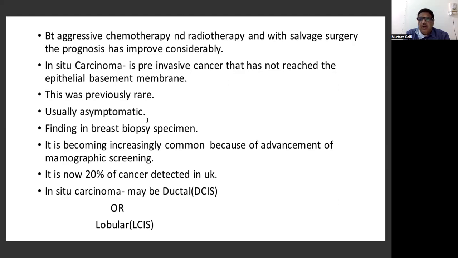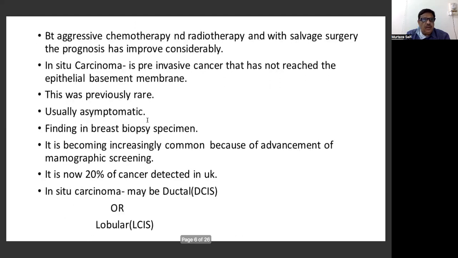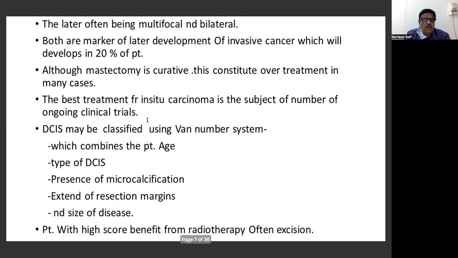Ductal carcinoma in situ or lobular carcinoma in situ are often multifocal or bilateral. Both are markers of later development of invasive cancer, which develops in 20%. Although mastectomy is curative, this constitutes overtreatment in many cases.